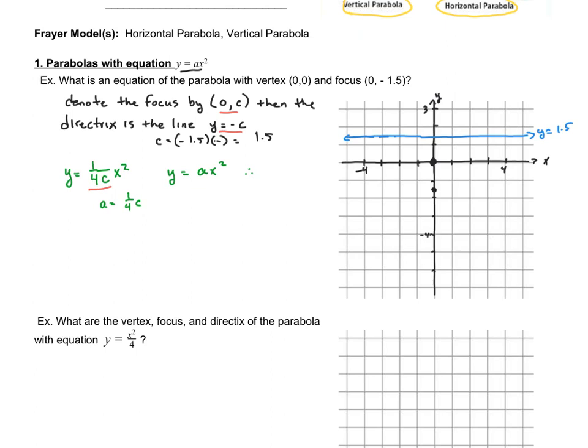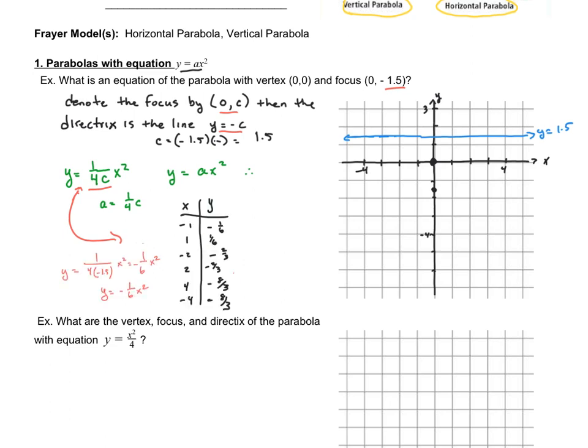Here we should be able to do some substitution. We know that c is equal to negative 1.5, so y is going to be equal to 1 over 4 times negative 1.5 x squared, which I do believe is negative 1 over 6 x squared. So y equals negative 1 over 6 x squared.